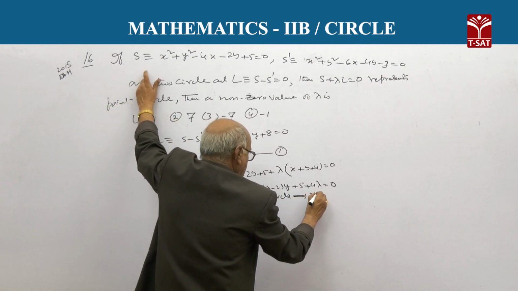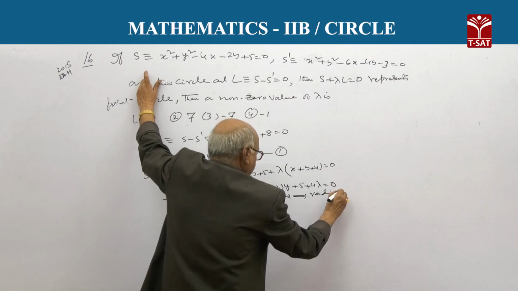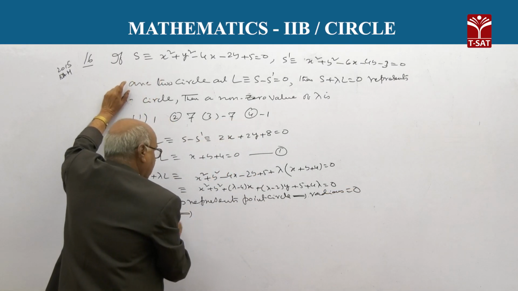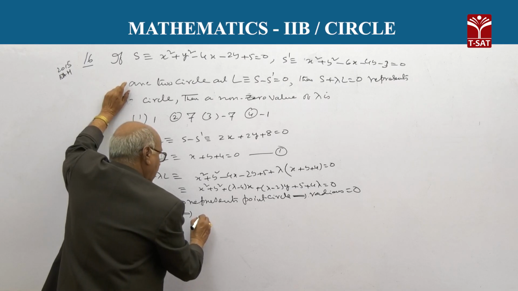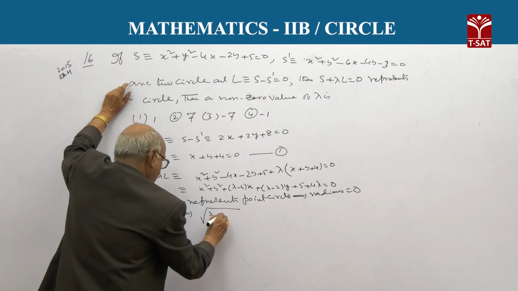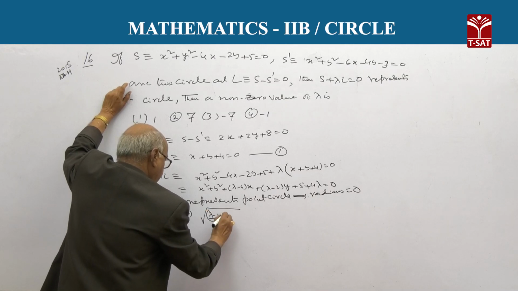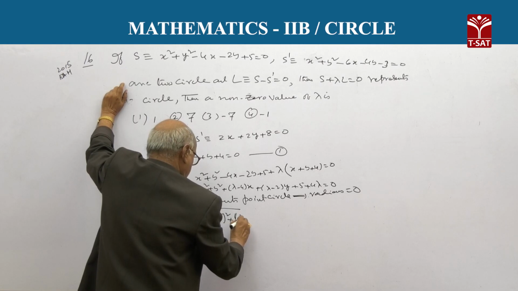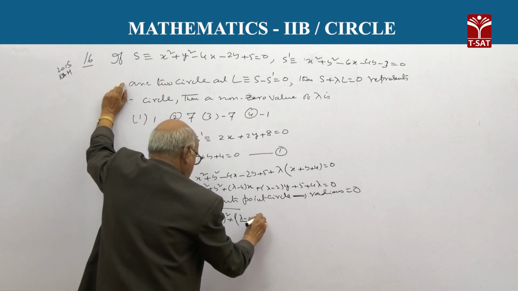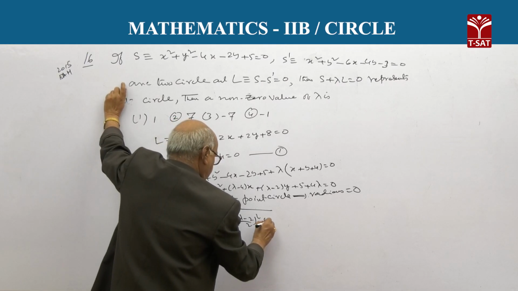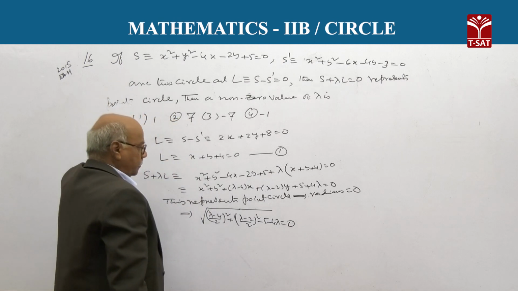which implies the radius must be equal to 0. Radius is equal to 0. So, that means the radius is square root of lambda minus 4 by 2 whole square plus lambda minus 2 by 2 whole square minus 5 minus 4 lambda is equal to 0.